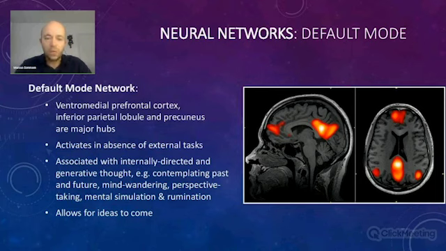So going into this default mode network is a way of not being fully focused on the present moment, but instead allowing for other associations from our memory or our simulation of the future to come to us. And that has been shown to be an essential part of allowing ideas to come, which we'll see when we talk about people with neurodegenerative disease that has a significant effect on this default mode network.